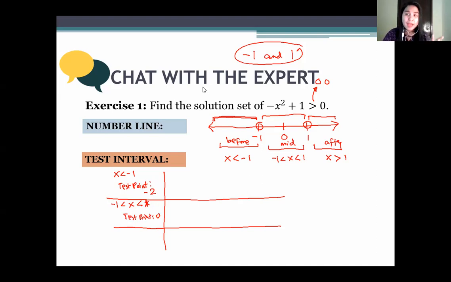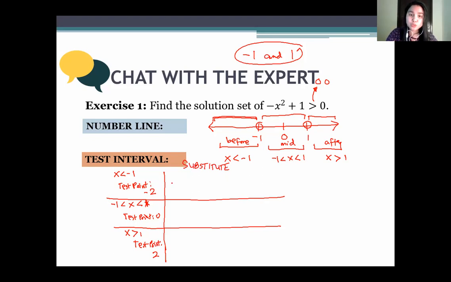It can be 1/2, it can be -1/2, as long as the number is between 1 and -1. The last interval, we have x is greater than 1. What's our possible test point? What number is greater than 1? It can be 2.